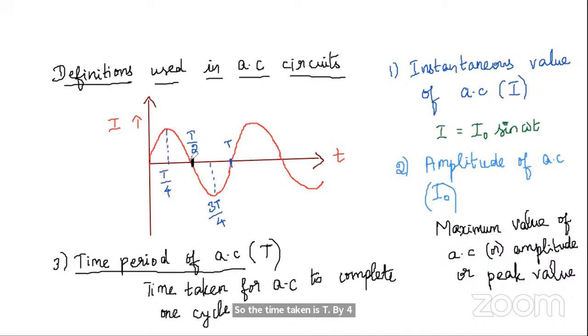Here it is 1/2 cycle, so the time taken is T by 2. Here you have one complete cycle, the time taken is T, and here it is 3/4 of the cycle, so that is 3T by 4. Usually it is represented by the capital letter T.